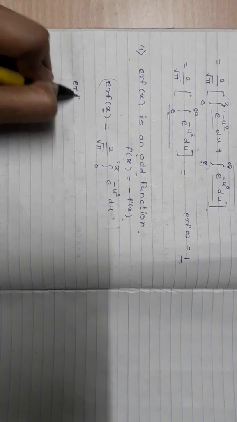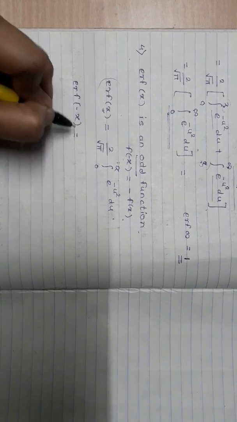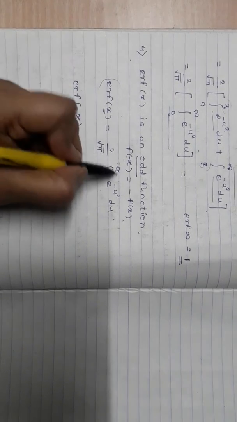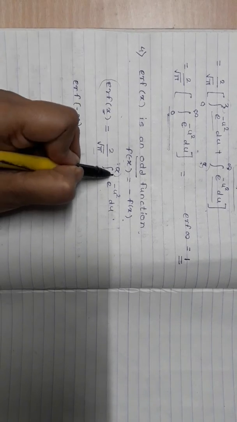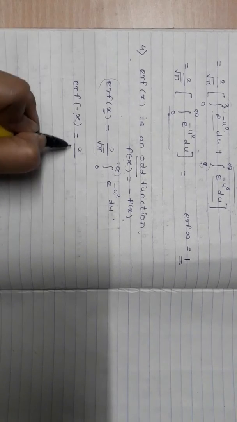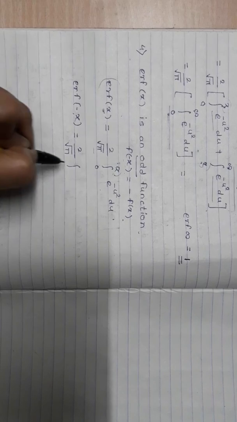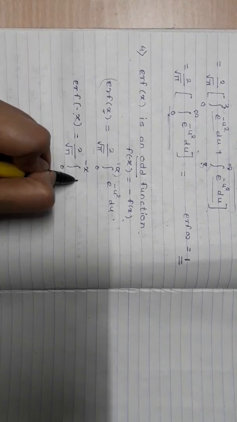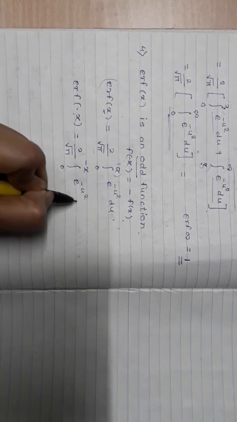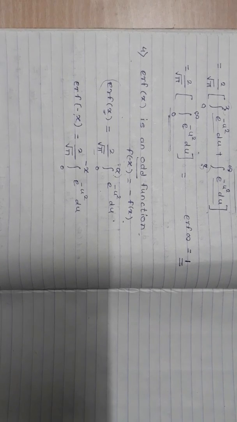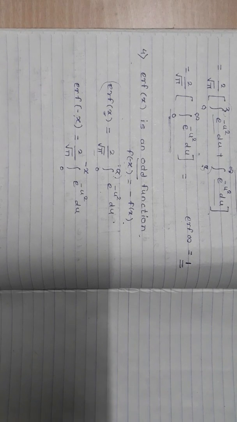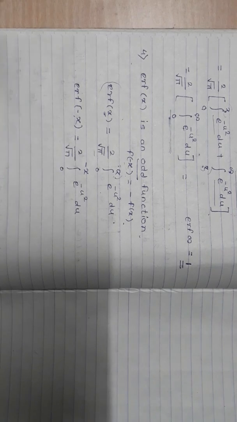So error function of minus x is nothing but everything remains the same, only the upper limit is now minus x. So this is 2 over root pi, integral 0 to minus x of e raised to minus u square du, right?